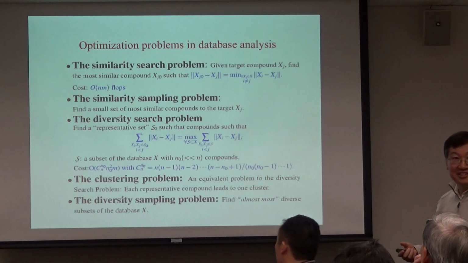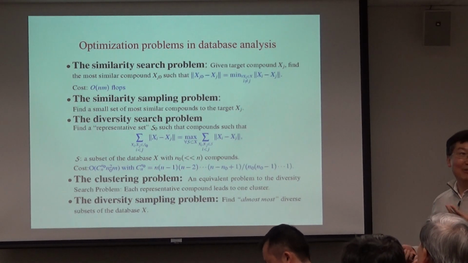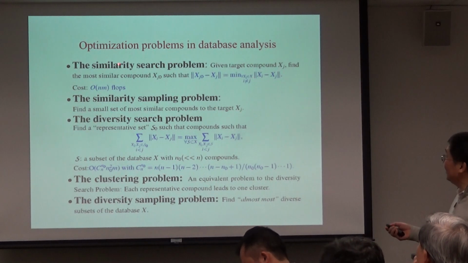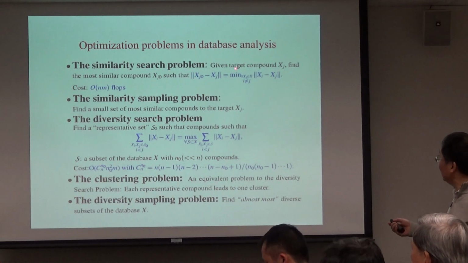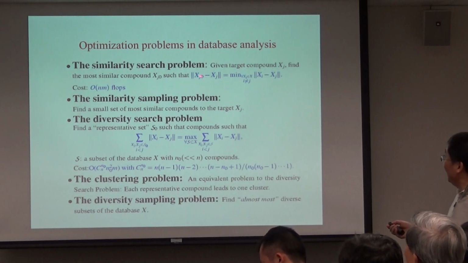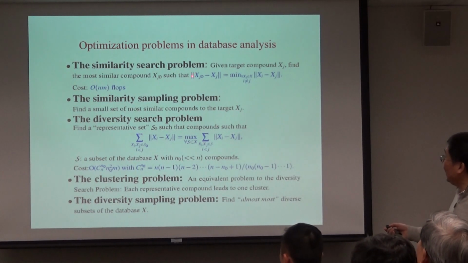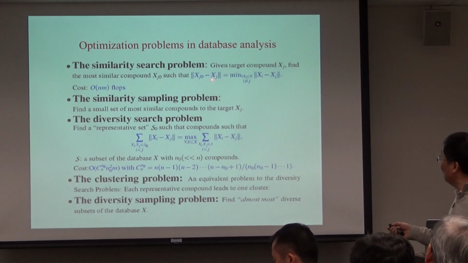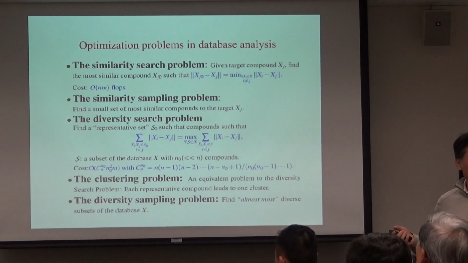If it is small, they are similar. So that's what we use to indicate similarity using this measure. We are going to find the smallest distance: for a given target, you want to find the most matched one. That's the similarity search.